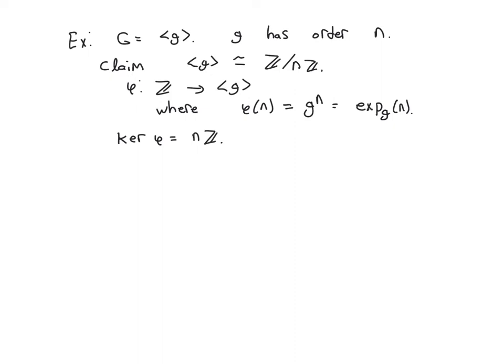So the only thing left to show is that it's surjective. And if I can show that, then if I apply the first isomorphism theorem, I have that the image of phi, which if this is surjective, is all of G, the cyclic group generated by g, is isomorphic to Z mod the kernel of phi, which is NZ.